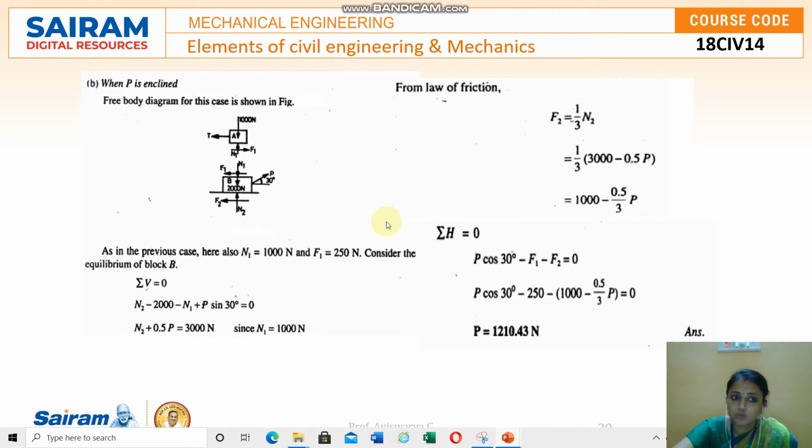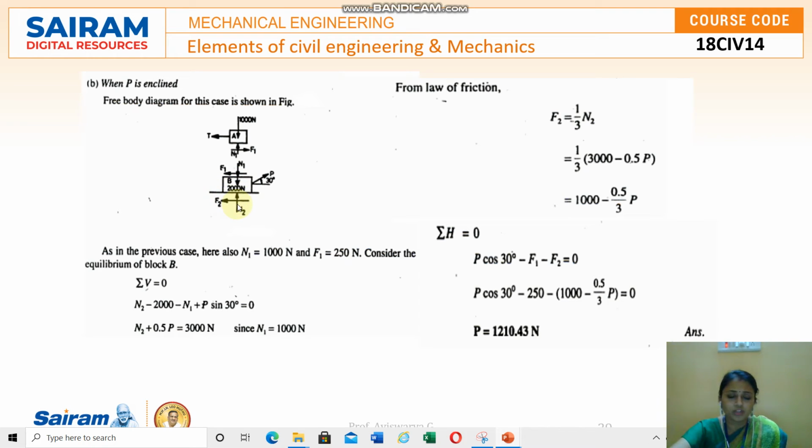The second question is when P is inclined. You are raising it to an inclined position of 30 degrees, so the free body diagram will have an inclined P instead of a straight P. Do the same steps again, but use the 30-degree inclination. As in the previous case, N1 is 1000 Newton and F1 is 250 Newton; there is no change. But for block B there are many changes.